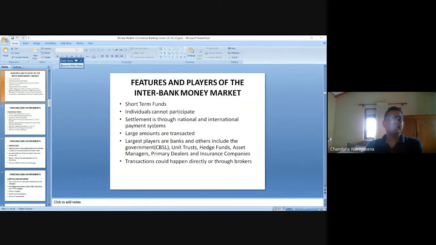Another type of fixed income security is asset-backed securities, right? These are used by people's leasing and credit card companies, maybe even the banks that issue credit cards. Specialized leasing companies need a lot of money to give leasing facilities.